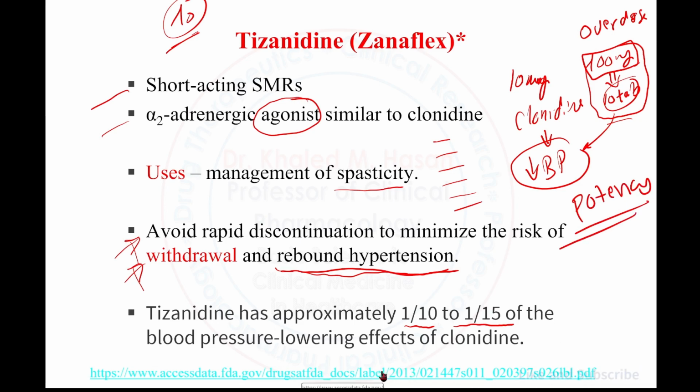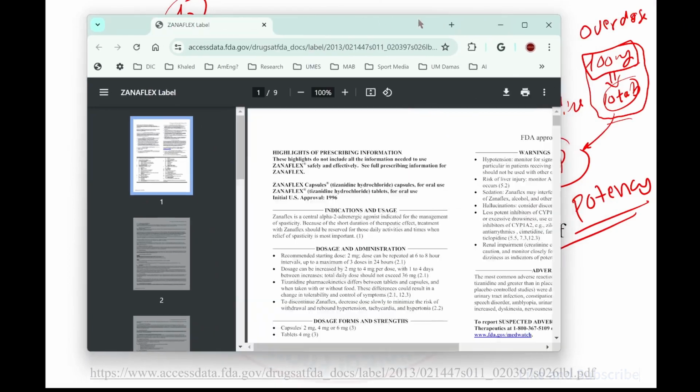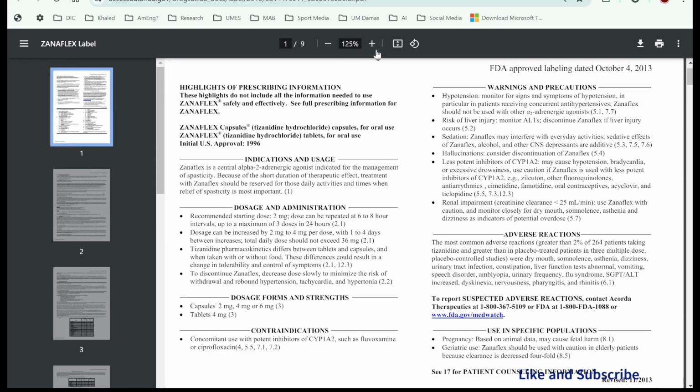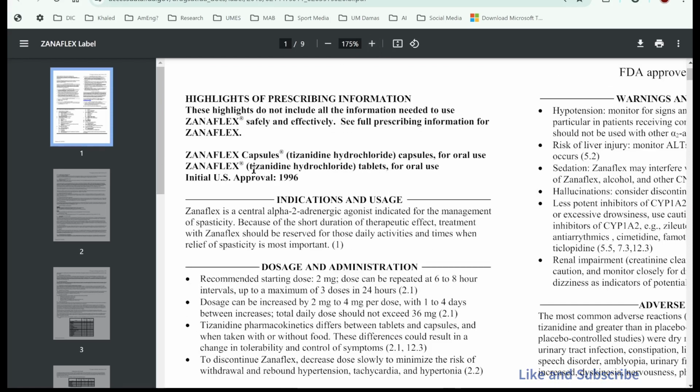Okay, if you click on the link here, to show you what we have for Zanaflex, only to discuss some important concepts for tizanidine. Tizanidine is available as a tablet and as a capsule, and approved by the FDA since 1996.